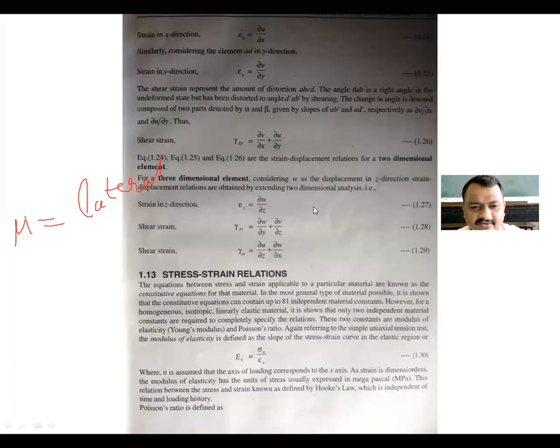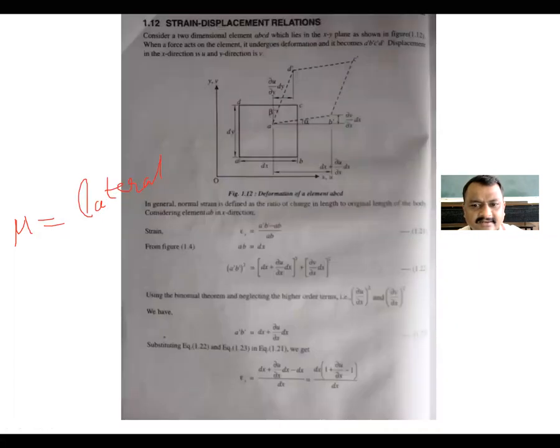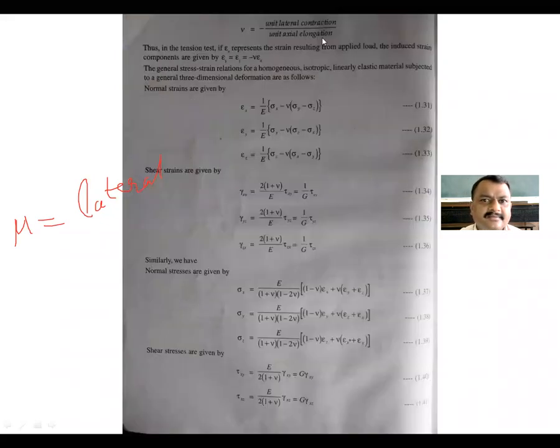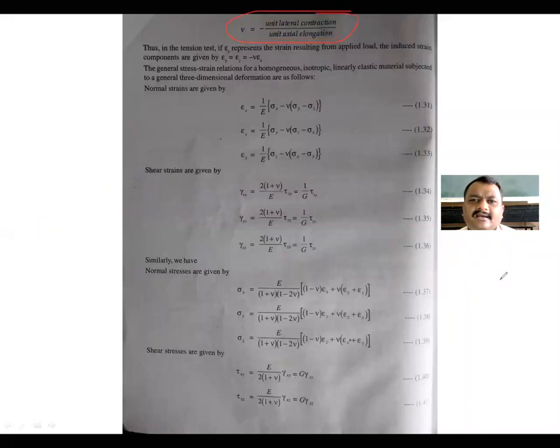So we make use of it and write the relations, which are independent of Poisson's ratio. As you can see in the slide, Poisson's ratio we have defined as the first step: unit lateral contraction divided by unit axial elongation, nu equal to minus lateral contraction divided by axial elongation, or lateral strain to longitudinal strain. That's what we have learned in an easier way, right?